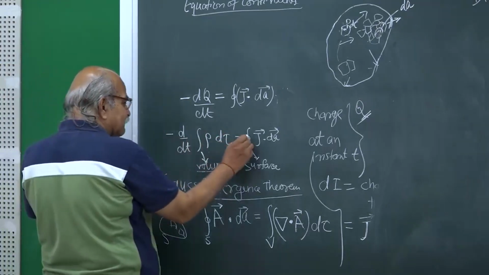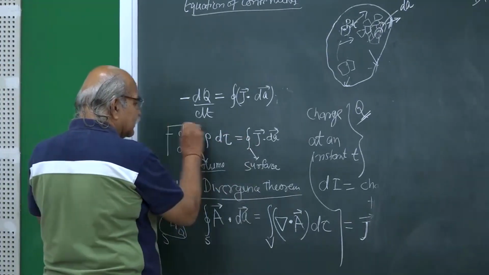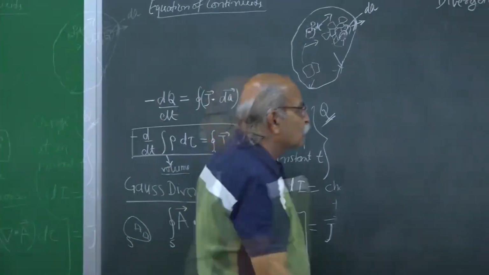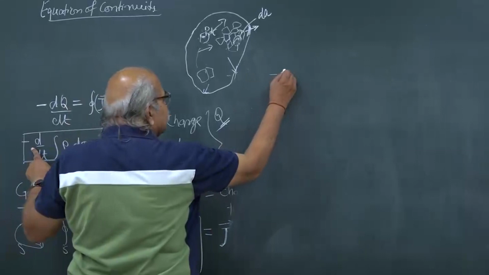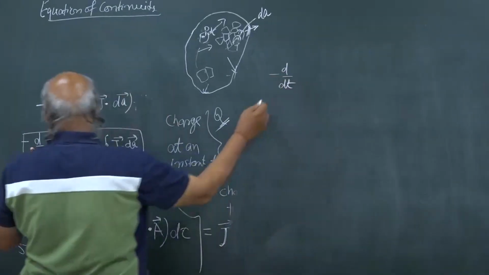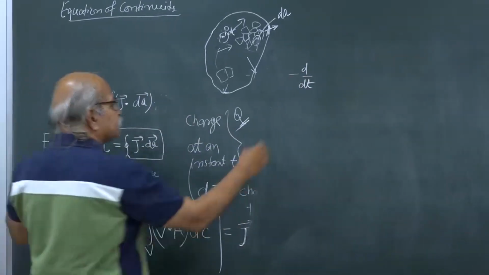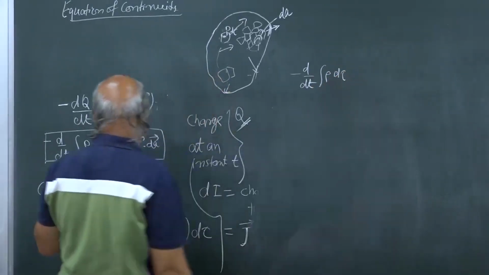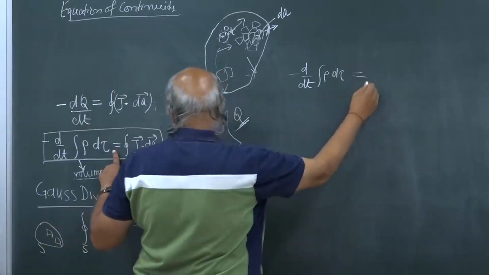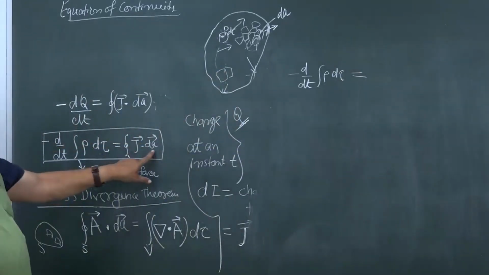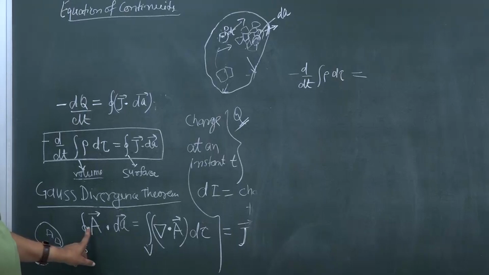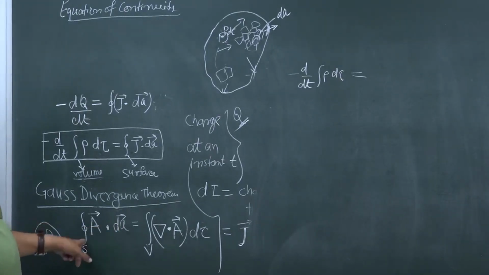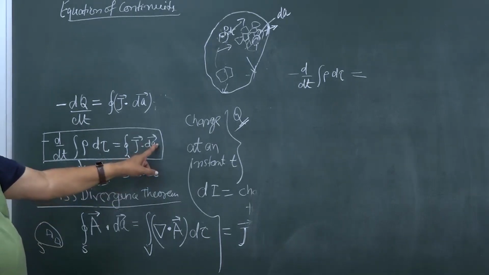Use this thing here. So, this equation I am going to write once again. Minus d dt of the integral of rho d tau is equal to the integration of J dot dA over the closed surface.